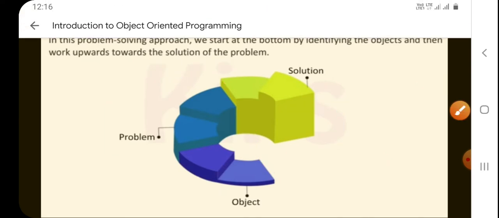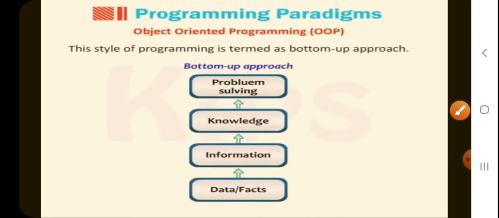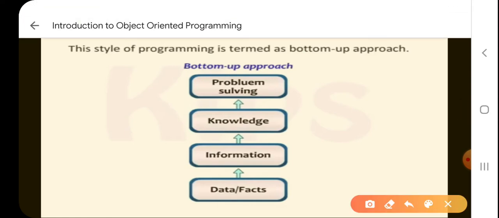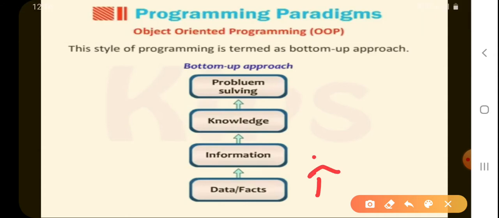We start with the objects, then we talk about their attributes, then their behavior, and so on. We approach towards the problem solving. Mind the spelling mistake over here, sorry about this.